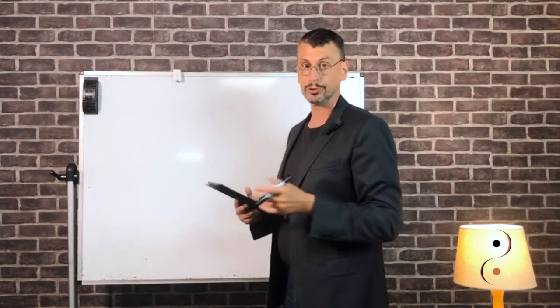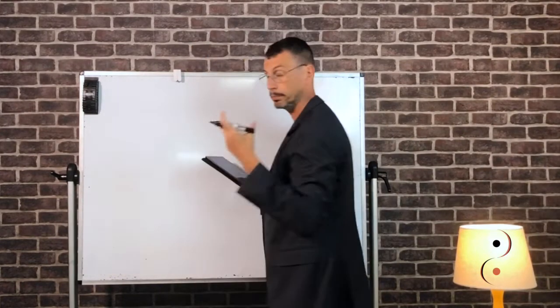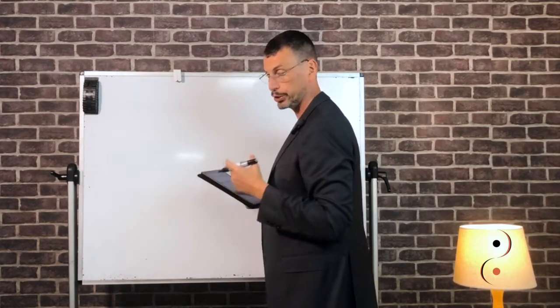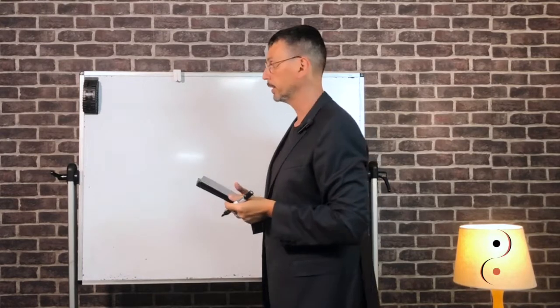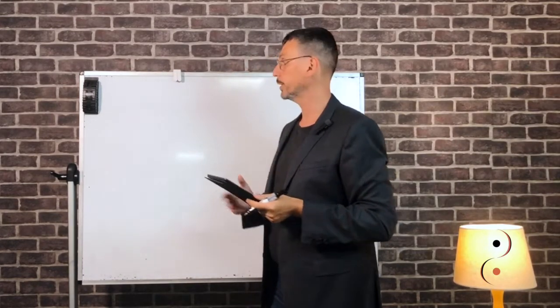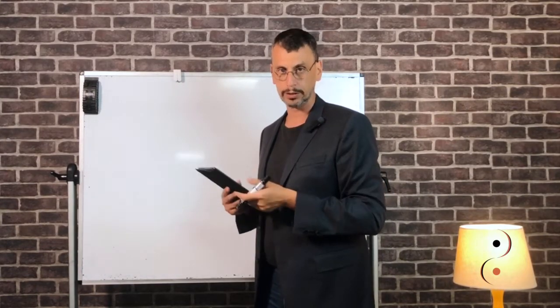Concerning the 4 energies, so the ancestral energy, the blood, nutritional energy, and Wei Qi, defensive energy. Here, it's more a question of quality of the pulse. For each of these energies, you have specific qualities of the pulse that are described.